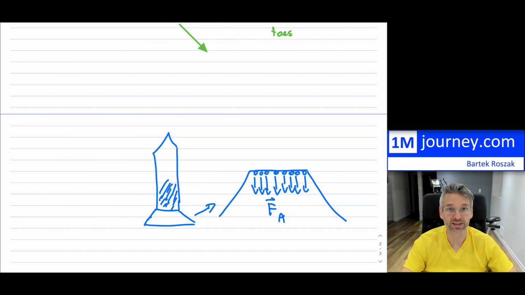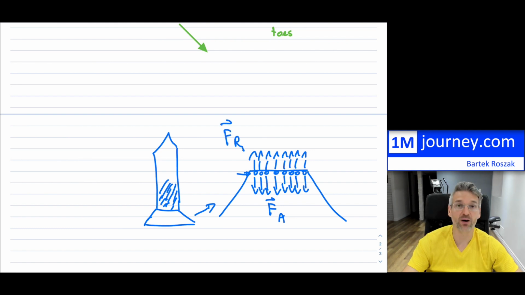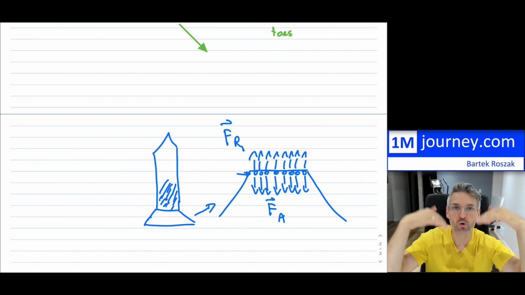So what happens? That force of action causes a force of reaction. The little particles, billions and trillions of them, are being pushed out, and all of these are now causing, in the opposite direction, your force of reaction. So this is your force of reaction, which is basically moving the rocket.